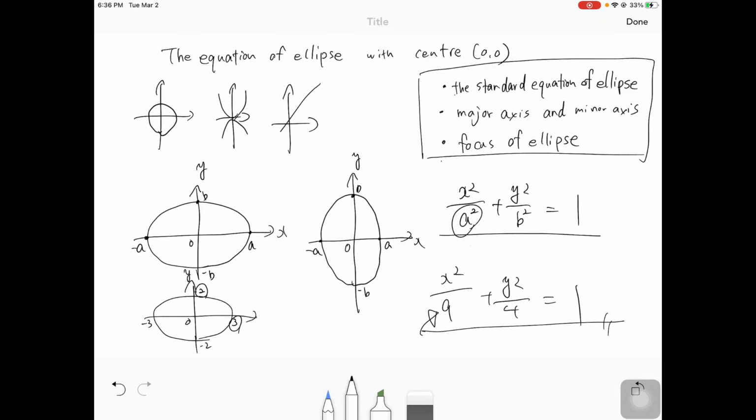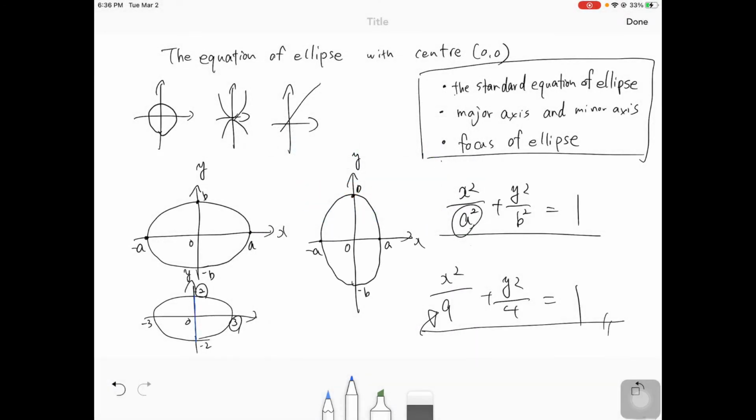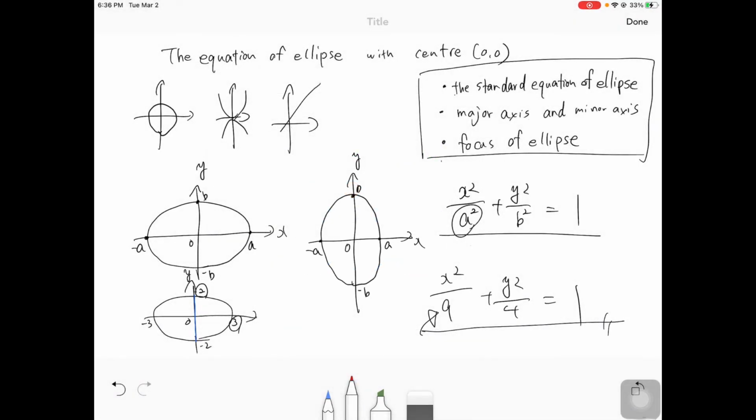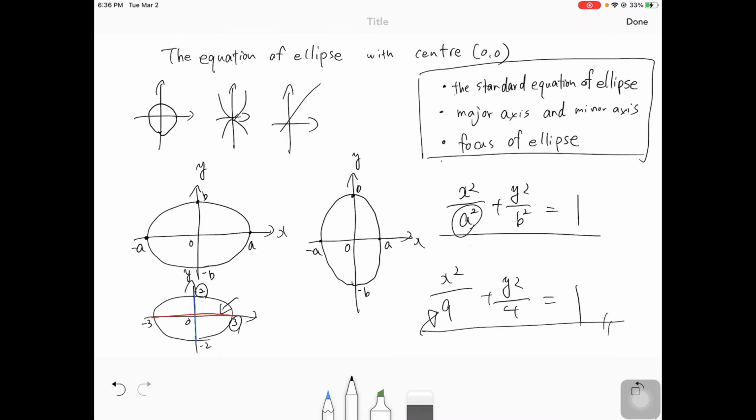And next, let me explain the major axis and minor axis. In ellipse, the radii are different. For example, there are two axes in this graph, x and y. But the radii are different from each other. The longer one is called the major axis.